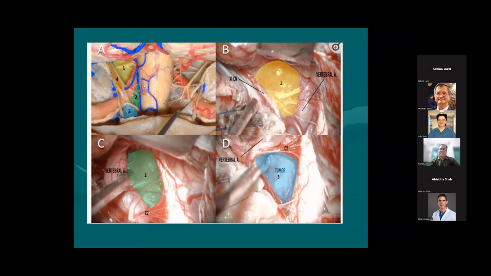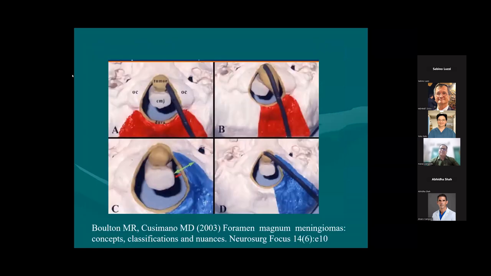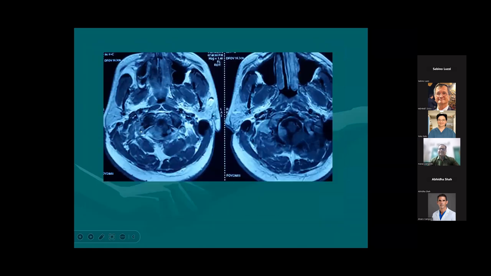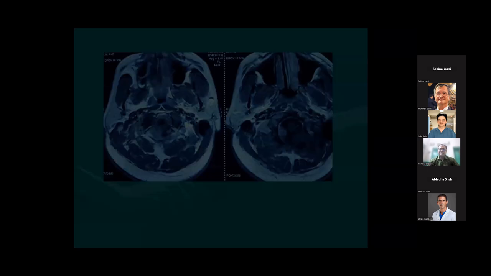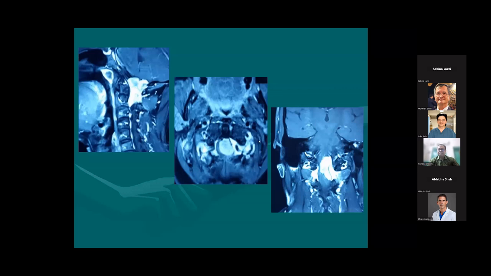Now, this can be visualized by studying the radiology properly. Like this patient, who has a posteriorly and posterolaterally located tumor, this can be done easily through a posterior approach. Like this, again, the tumor is pointing on the surface, so one does a posterior fossa craniotomy. Though the attachment is ventral, the tumor is pointing, pushing the cord.